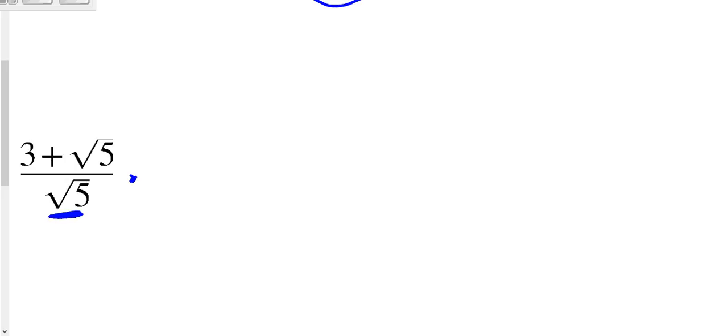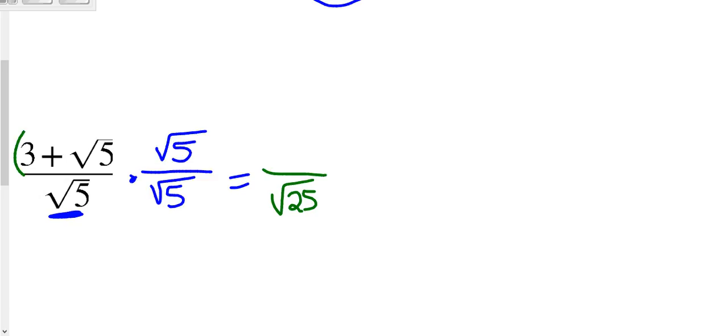So to undo the square root of 5, we want to multiply by square root of 5. Whatever we do to the bottom, we must do to the top so that we are not making a brand new problem, but just making it equivalent, one that works for us. When we multiply these, square root of 5 times square root of 5, we can say that that's square root of 25, or just the whole number 5, but the radical must go away if you write a 5.